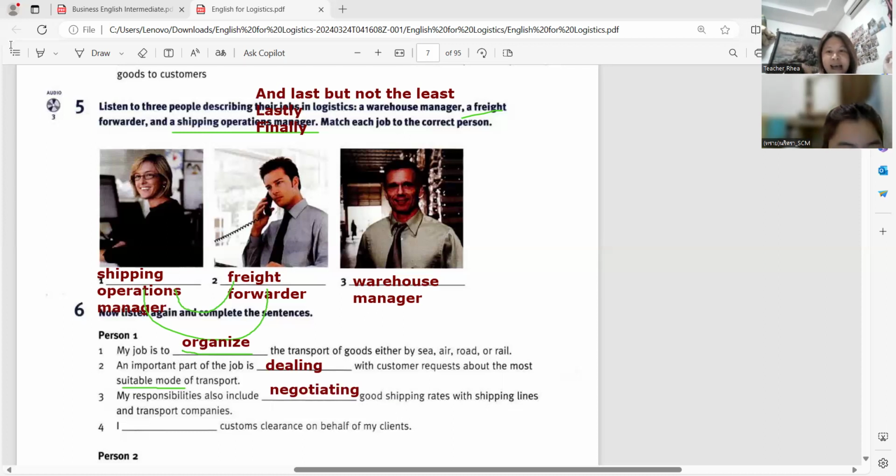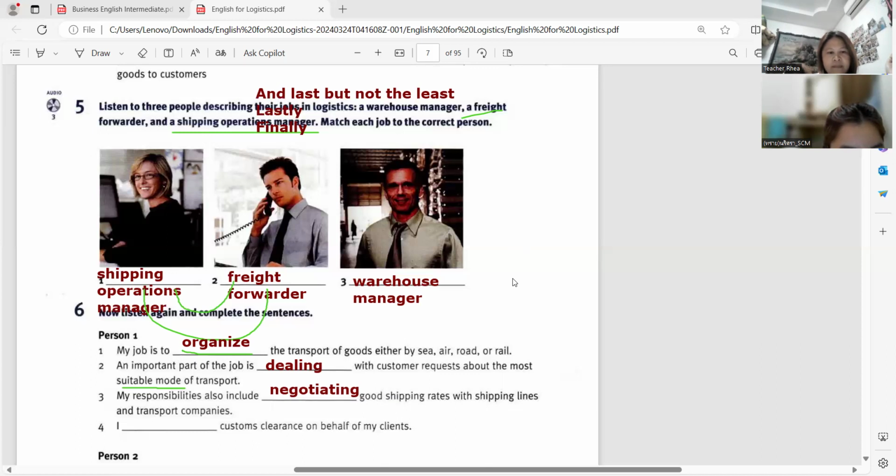And lastly, I also make booking reservations. That means I book space on a ship, train, lorry, or airplane. Another part of the job is to consolidate a number of shipments under one bill of lading.